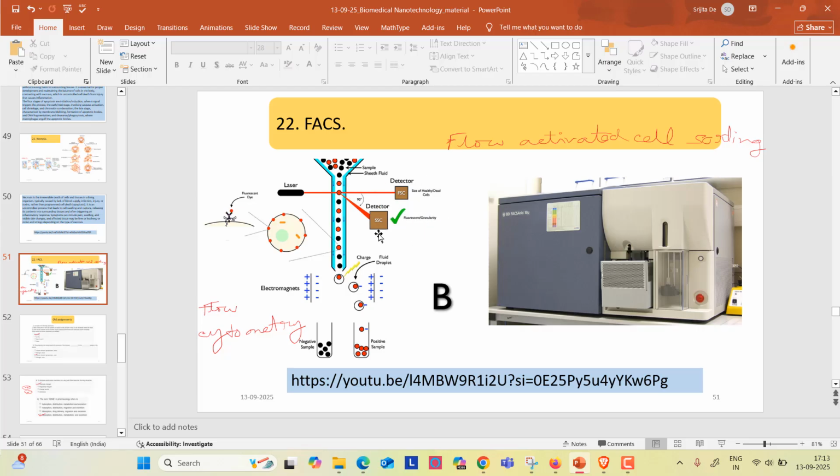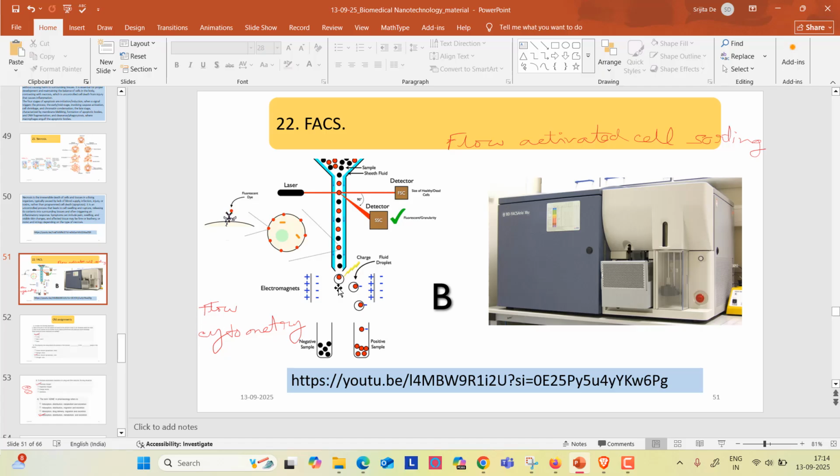So after the laser is incident, the cell scatters the light, and it is detected through this. And at the outside there are charged molecules, or electrodes, or electromagnets.